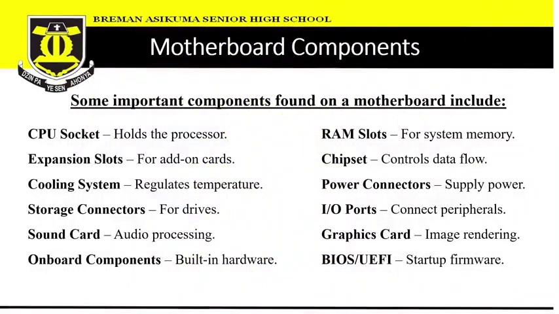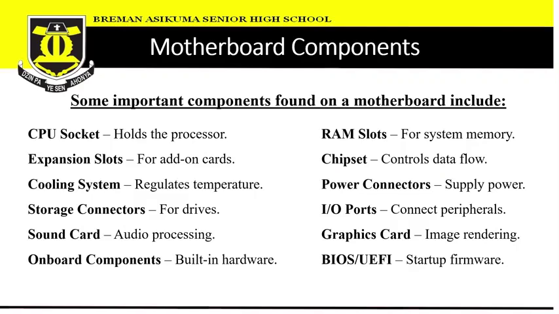Let's look at this one. So we're going to look at some important components found on the motherboard. And one, we have the CPU sockets, of which I'll take you through. The CPU socket holds the processor, and we also have expansion slots, usually referred to as PCIs. Then we also have the cooling system, which regulates temperature. We have storage connectors for hard drives or for drives.